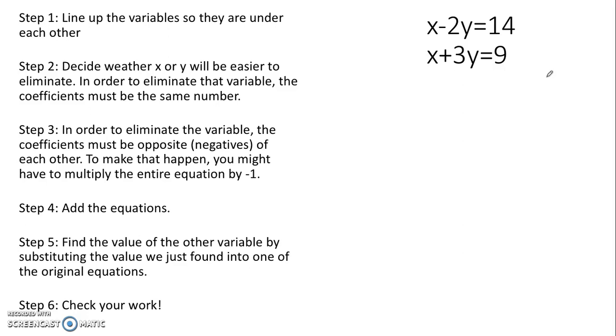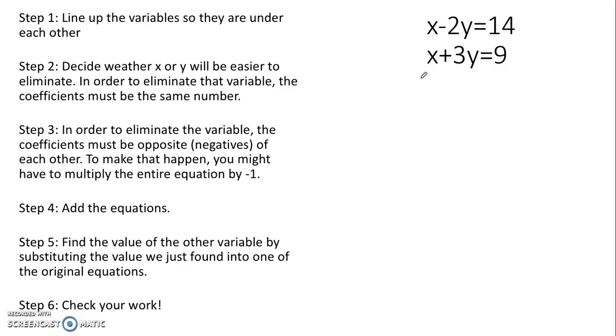Step three, in order to eliminate the variable, the coefficients must be opposites, negatives of each other. To make this happen, you might need to multiply the entire equation by -1. Right now, in both of our equations, x minus 2y is equal to 14 and x plus 3y is equal to 9, both of the x's are positive.